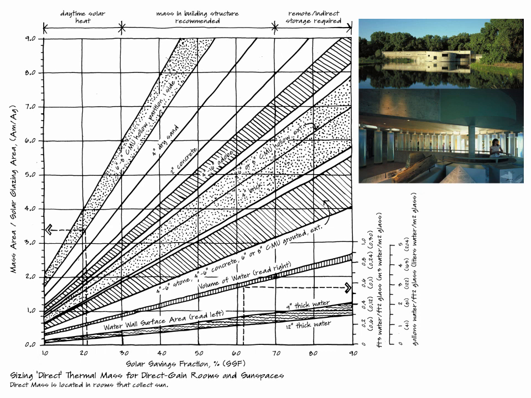By the way, on the upper right, you'll see that little nature center by Antoine Predock that I was talking about in the previous slide. And you can see the tubes, those translucent plastic or fiberglass tubes of water that's being used for the thermal storage medium. They're heated by south-facing scoop skylights at the top, bringing both light and heat down into the space.